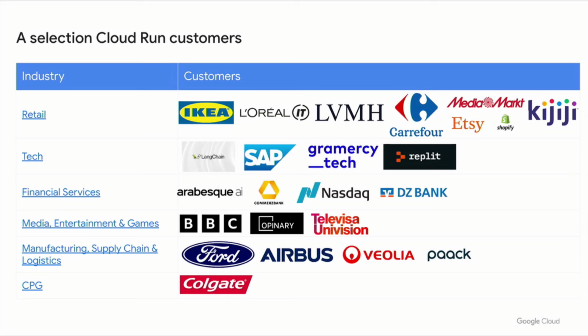Another customer is Ford. Of course, everybody knows Ford, a global car manufacturing and design company, right? They've also taken a Cloud Run first approach. They had hundreds of services running on a legacy platform before, and then they adopted Cloud Run throughout their services.